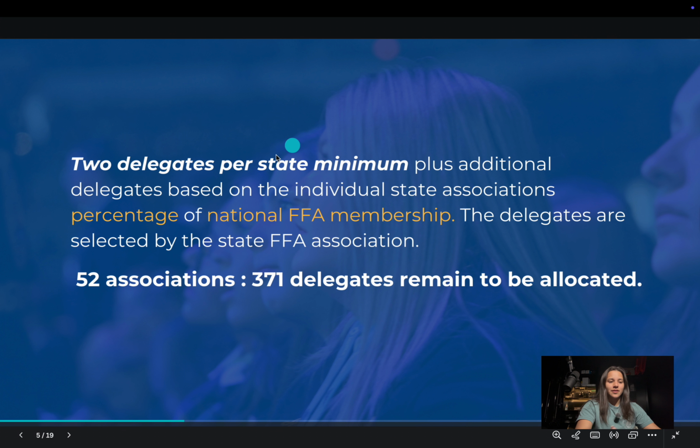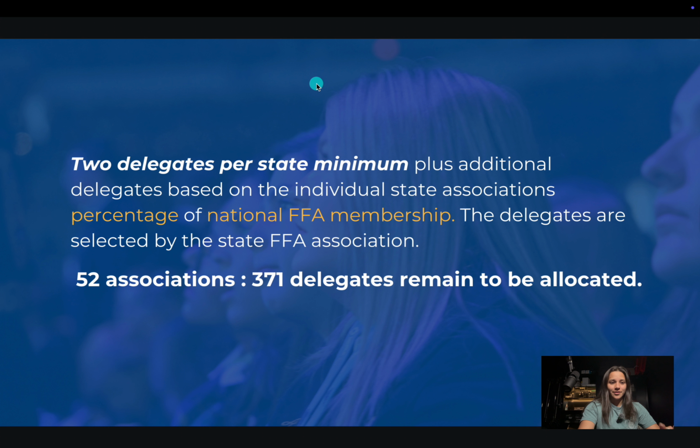I like to think about it, and okay, don't quote me, but you know how in the Senate there's 2 per state, doesn't matter the population? That's what I think about. There's a minimum of 2 per state, per association, just like there's 2 in the Senate for our government.